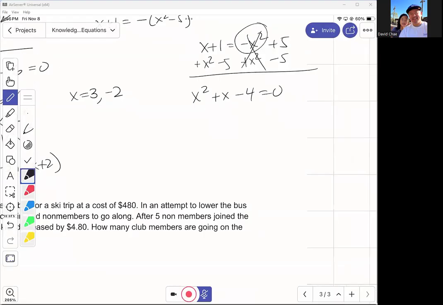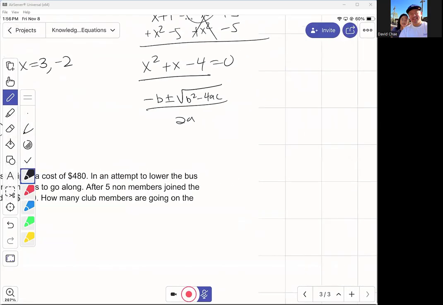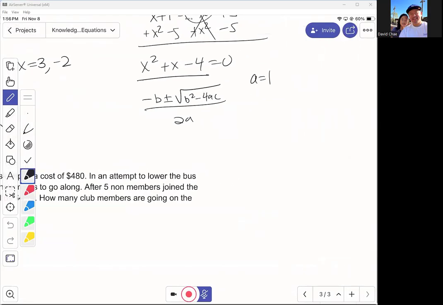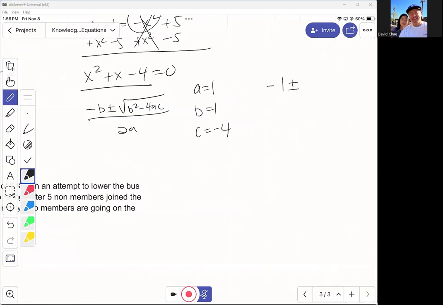Now, this is not factorable, so what you have to do now is use the quadratic formula, negative b plus or minus the square root of b squared minus 4ac all over 2a. Okay, so a is 1, b is 1, c is negative 4. So it's negative 1 plus or minus the square root of 1 squared minus 4 times 1 times negative 4, all over 2 times 1.